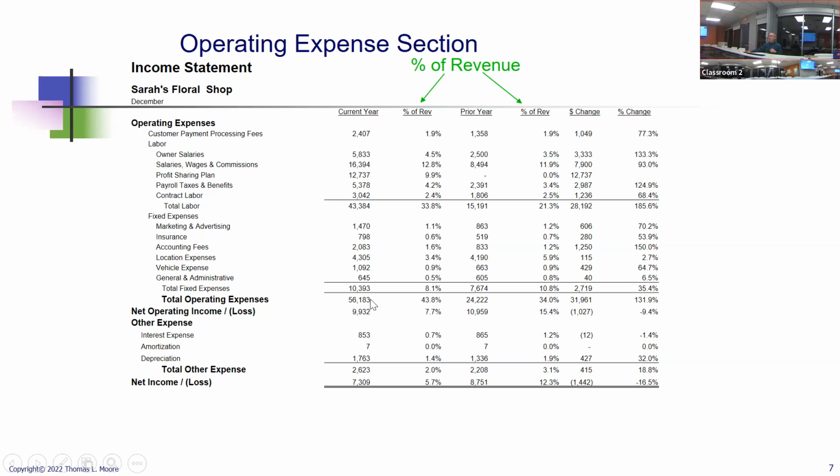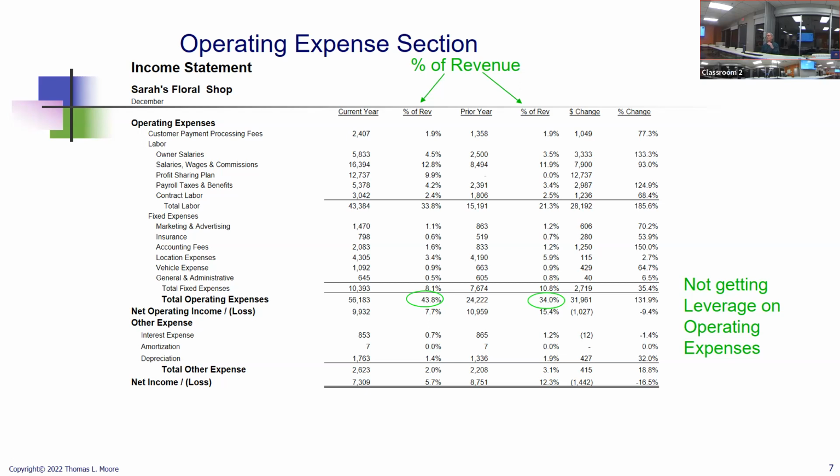So if you take your gross profit that we saw in the prior sheet, and you subtract from it your operating expense, this number, you can see that the net operating income or loss is $9,900. That's how it's arrived at. You take your gross profit minus your total operating expenses, gives you your net operating income. And in this particular case, $9,932.